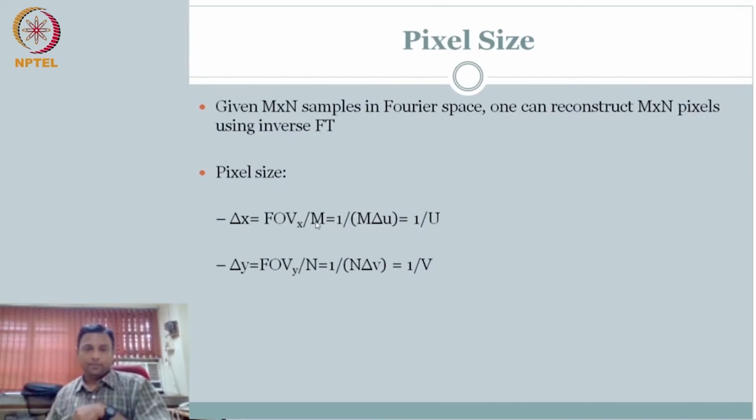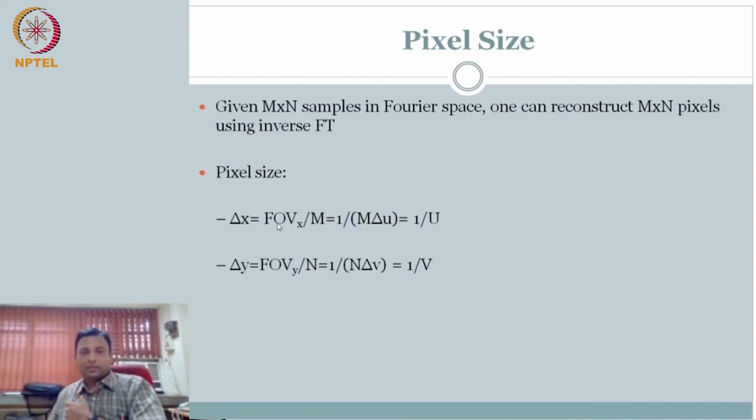Delta y will be the pixel size in y direction, which will be field of view y divided by n, number of pixels in that direction, which you can write as m delta u, n delta v.